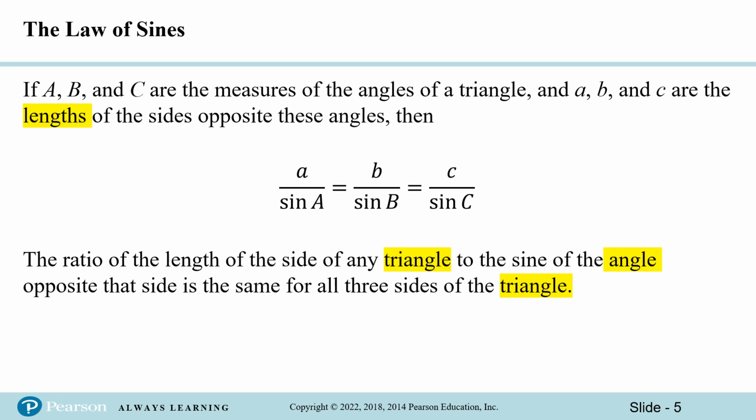Capital A, capital B, capital C, those are always going to refer to angles. Lowercase a, b, and c are always going to be the lengths of the opposite sides. So if I have a triangle like this, with angles A, B, and C, then the side opposite will be lowercase a, the side opposite will be lowercase b, and lowercase c.